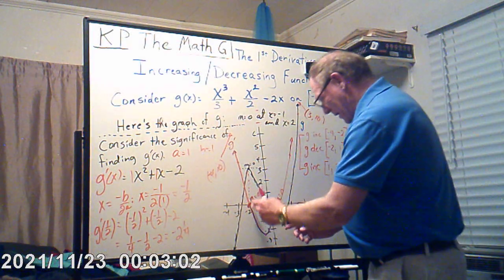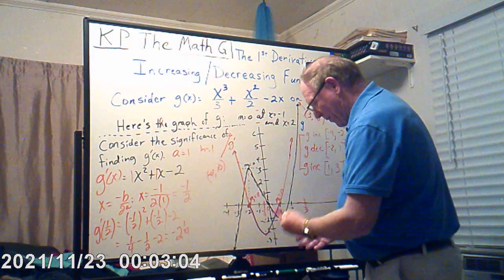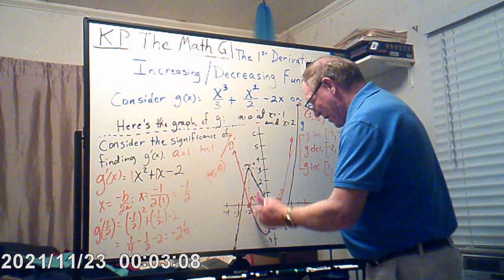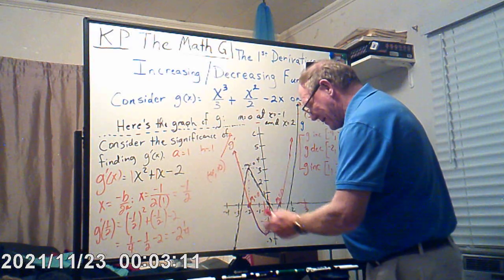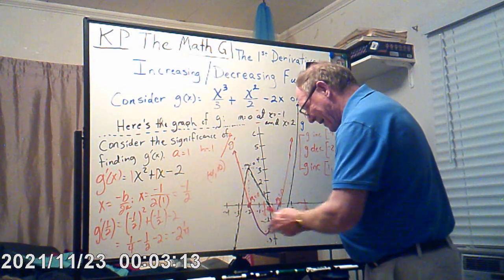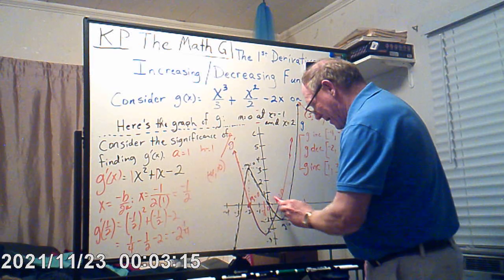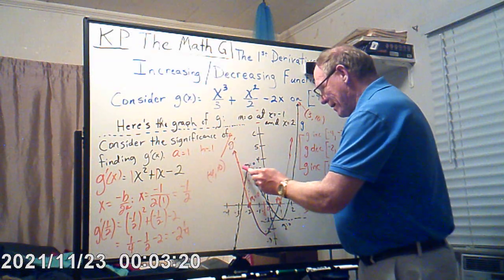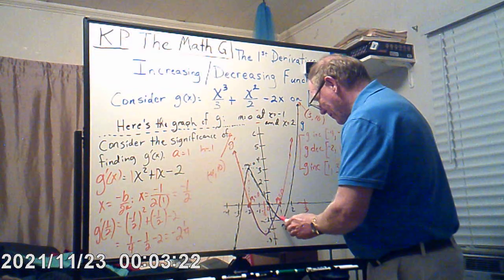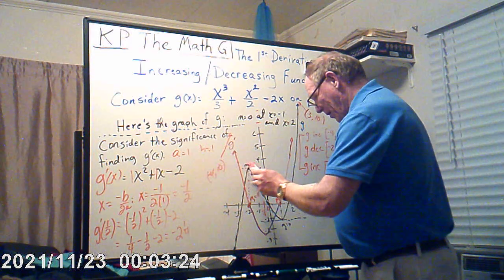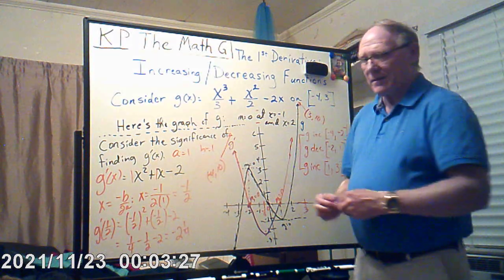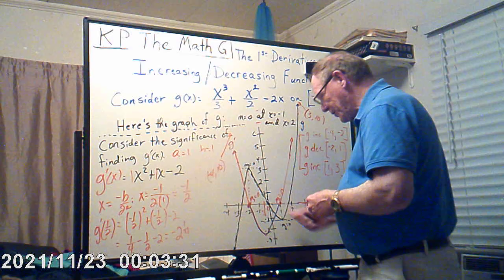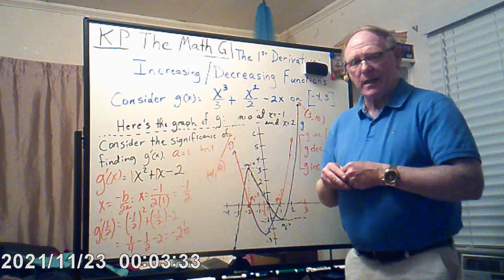If it's below the x-axis, we don't know how far down it went, and we shouldn't care how far down it goes. We just know that this part is below the x-axis, between the two turning points, or between the local max and the local min, between those two horizontal tangent lines.